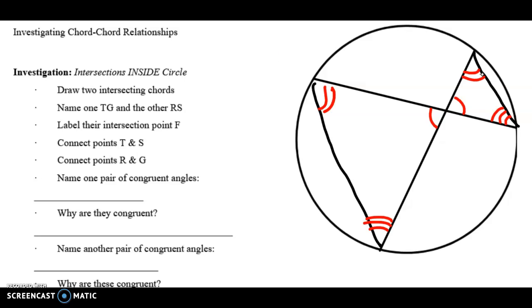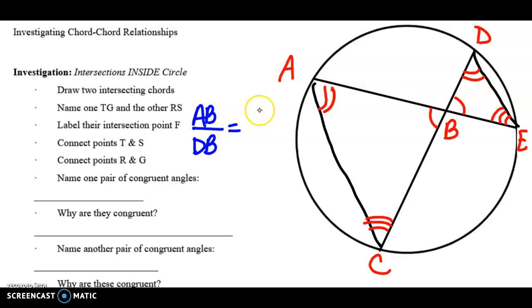Okay? So if it proves similarity, what we know is these two things are proportional. If I were to name this A, B, C, D, E, I could write a proportion. I could say AB is to DB as CB is to, and again looking for your arc marks, EB.